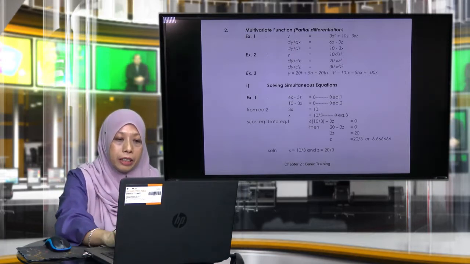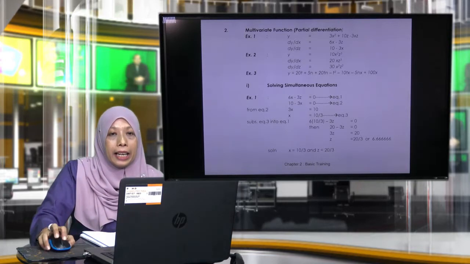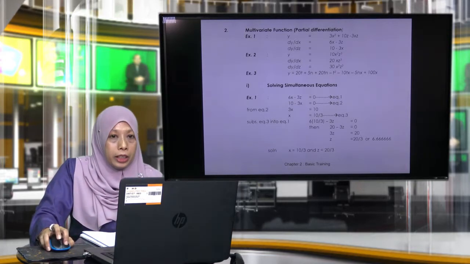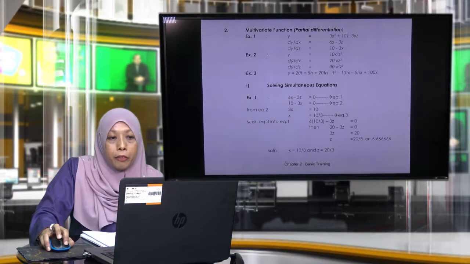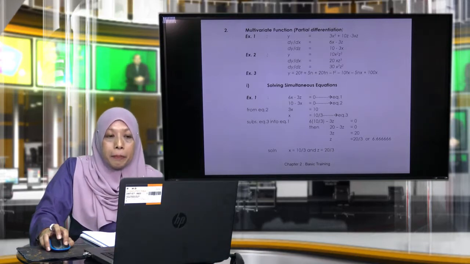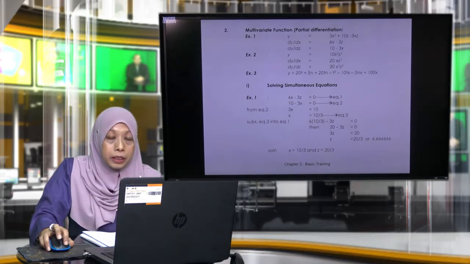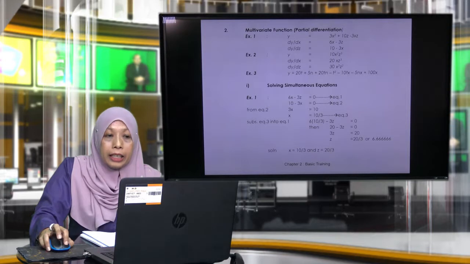And the third subfunction is 3xz. Now this is a bit tricky, because now you have both x and z. But remember, you are assuming that z is a number, a constant, and you want to differentiate with respect to x.